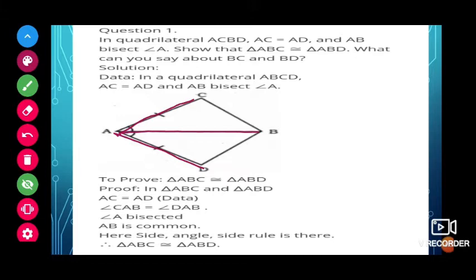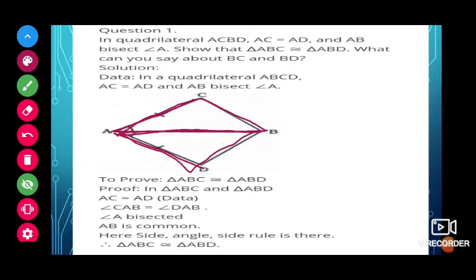Next, show that triangle ABC is congruent to triangle ABD. Here we have to show triangle ABC is congruent to triangle ABD.